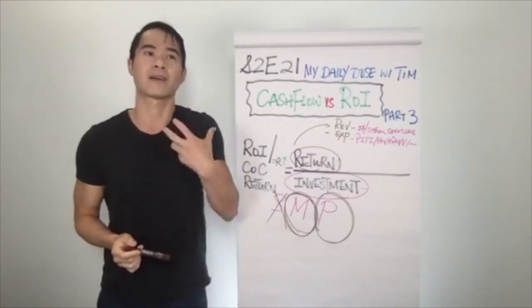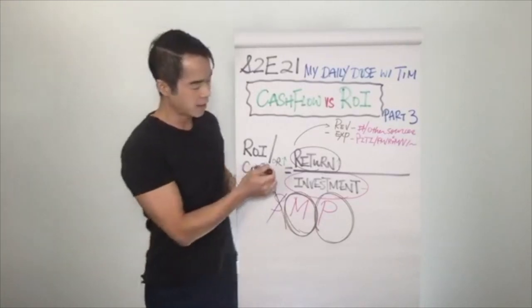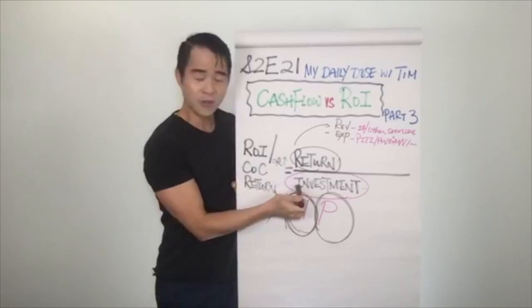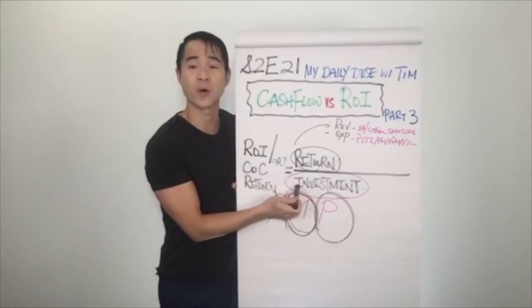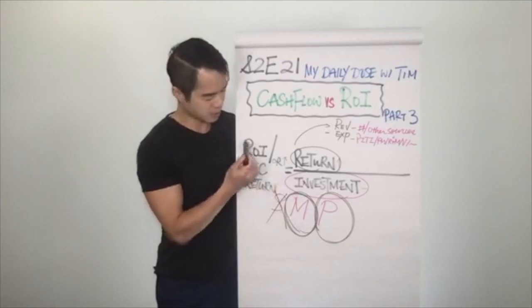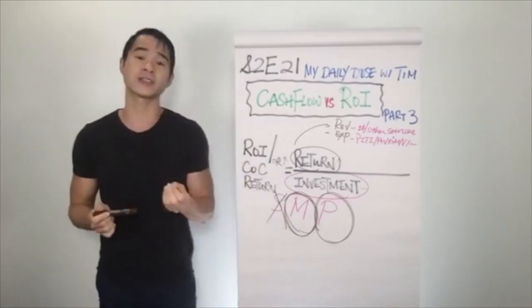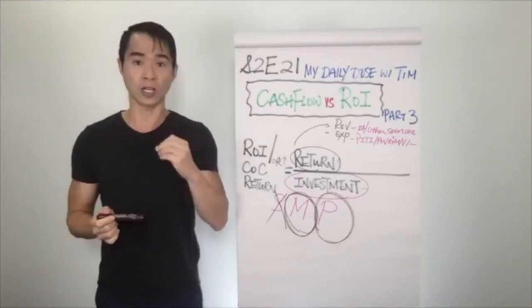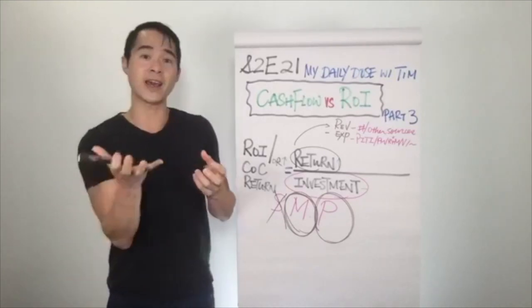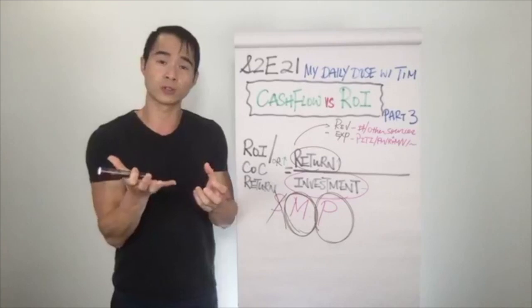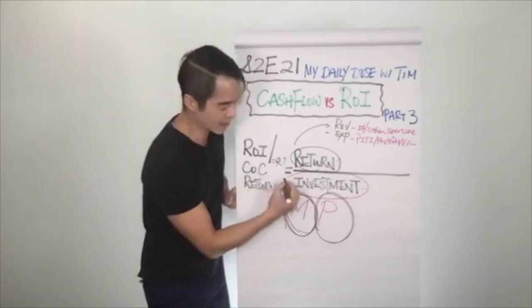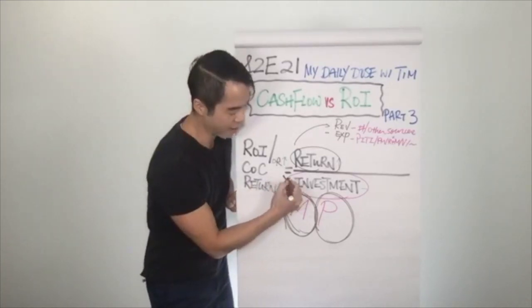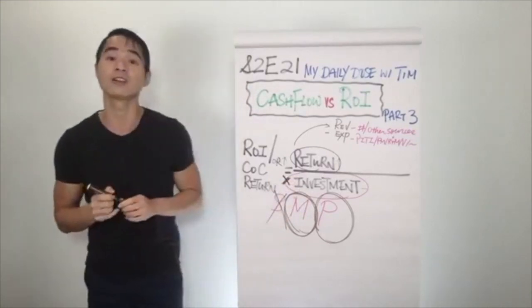You're not having to debt service. At the same time, when you do something like that, that just means that your investment is so high. So typically speaking, your return on investment, or your cash on cash return, tends to be a lot lower because you have to put in so much. And this is actually the main factor we need to look at.